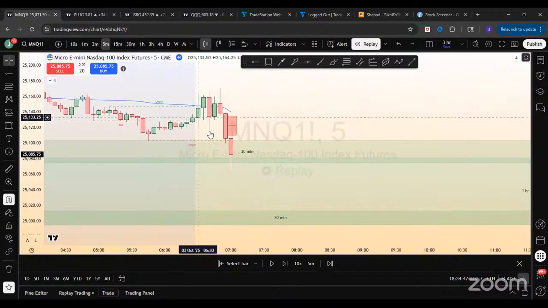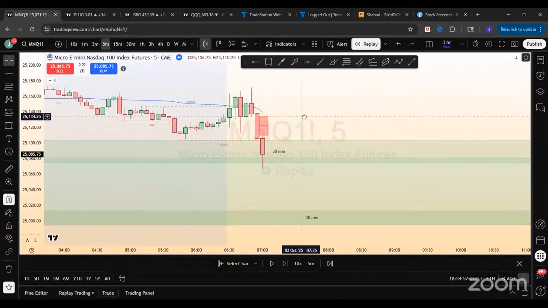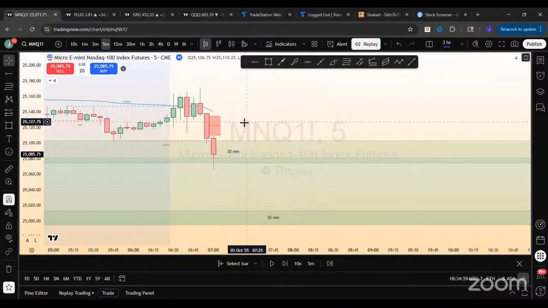Or the other way I look at it is if the price is below VWAP and you get this bearish fair value gap, it means more selling pressure is being added. That's how these get created: when there's high selling pressure, or on the other side, high buying pressure, then you will see these fair value gaps being created.